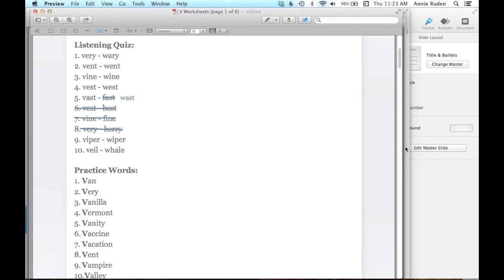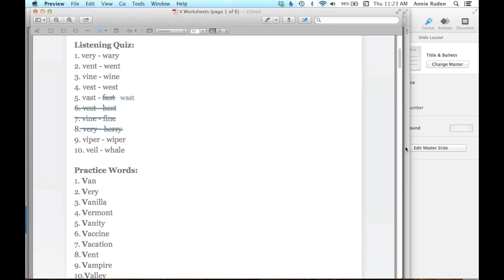First. Okay, so that one was actually the second one, wiper. The first one is viper, viper. Okay, so let me contrast them. Listen carefully. Viper, wiper, viper, wiper, viper, wiper.